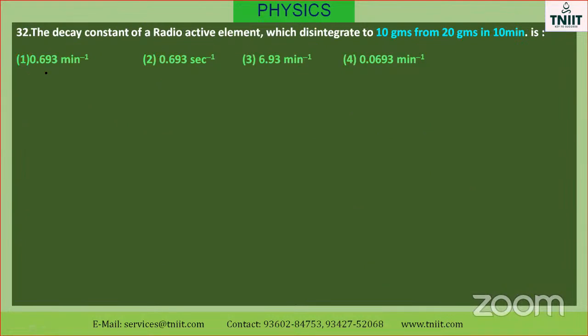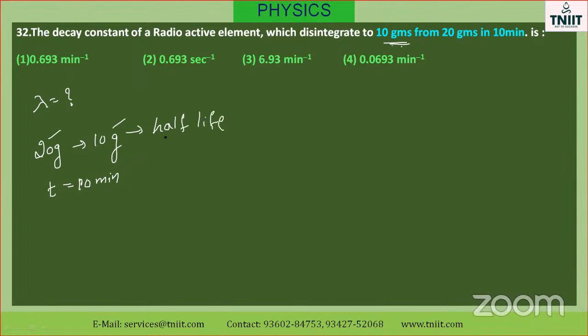Come to this. The decay constant of the radioactive element. Decay constant means you have to find lambda. Disintegrating from where to where? 20 gram to 10 gram, in how many minutes? 10 minutes. Look at this. When 20 gram reduces to 10 gram, it is actually the half-life, right?